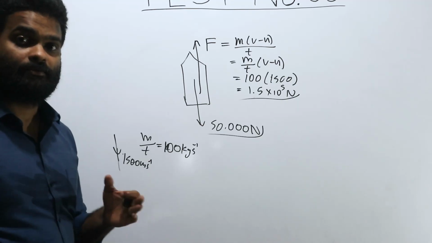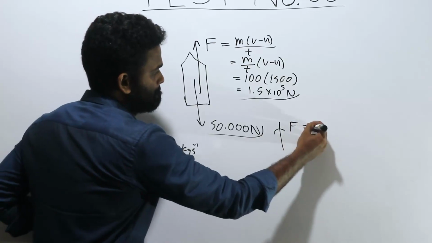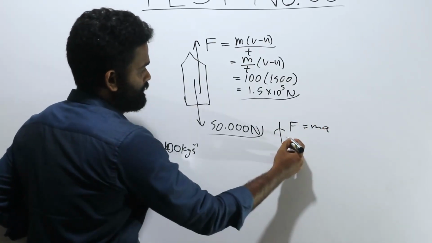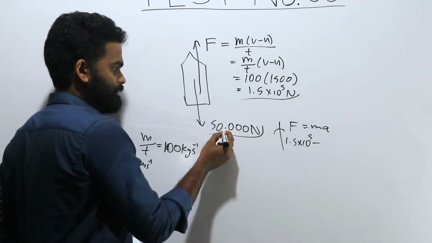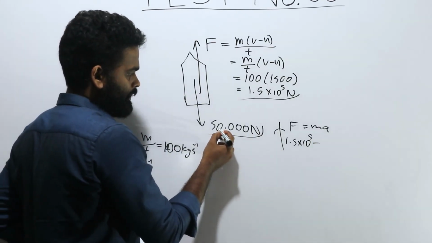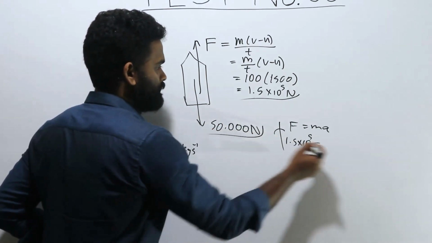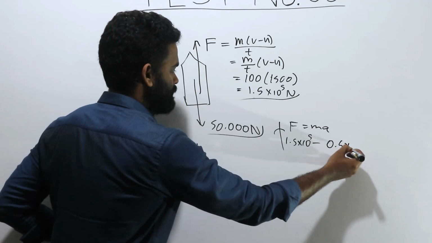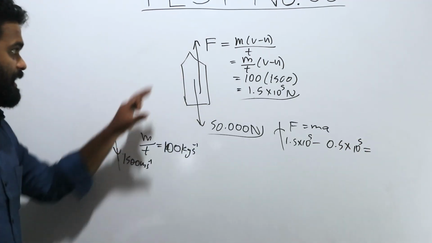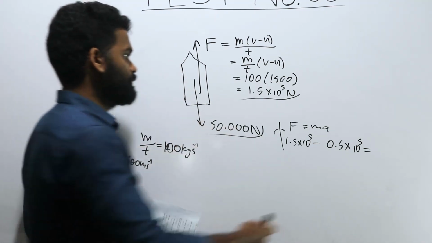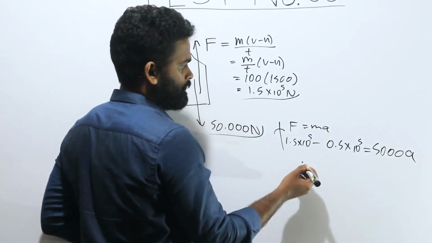Then simply apply F equals ma upwards. So F is 1.5 times 10 to the power 5. If I write this in scientific notation, I can write this as 0.5 times 10 to the power 5 equals the mass of the rocket, 5,000, times acceleration.